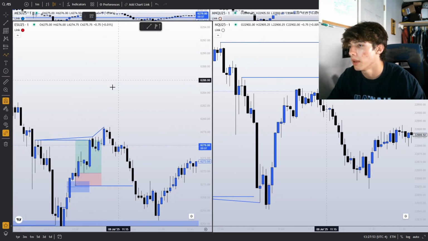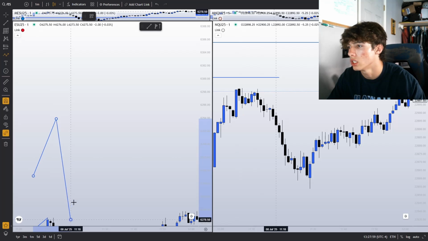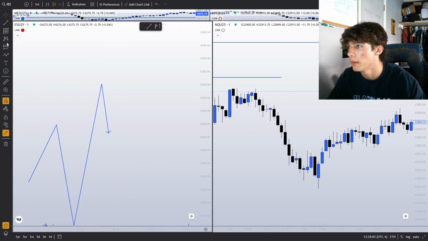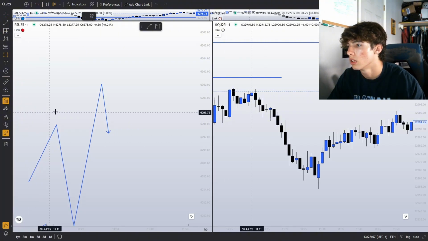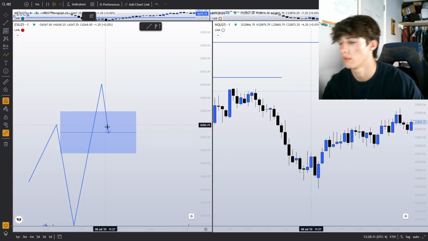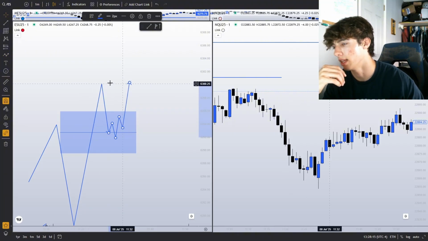Like if it was a 15-minute model where we have, here, I'll zoom out, where we have our bigger, say this is going to be our change in the state right here. Then we have a pullback. And this is maybe our fair value gap somewhere right around here. If this was a 15-minute, we could look to take a 1 minute trade like this and have that to take profit.